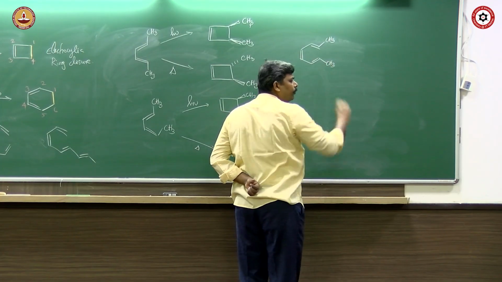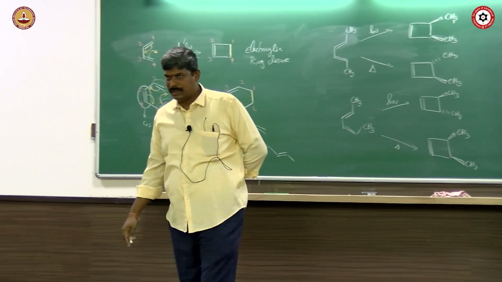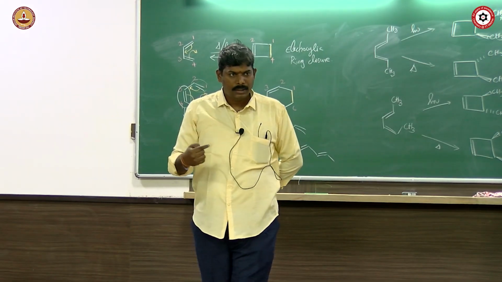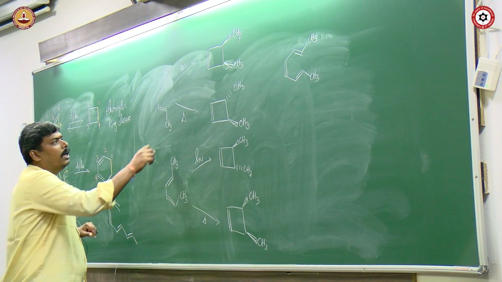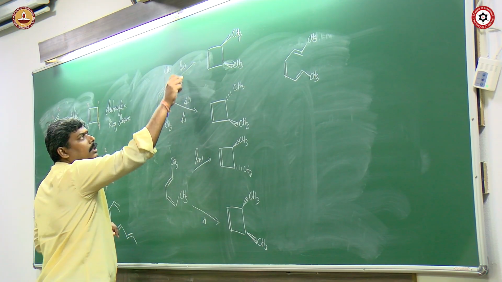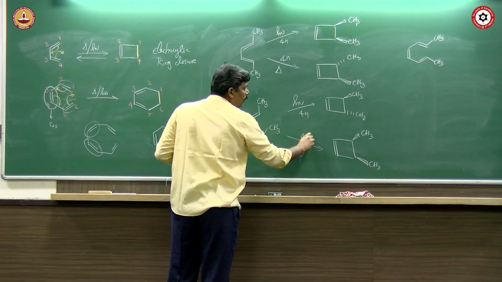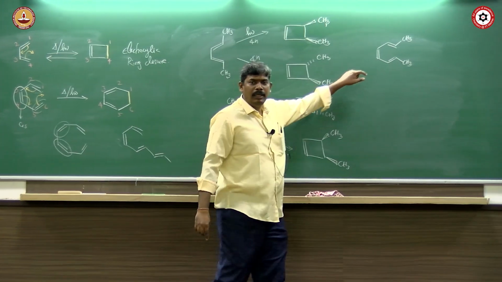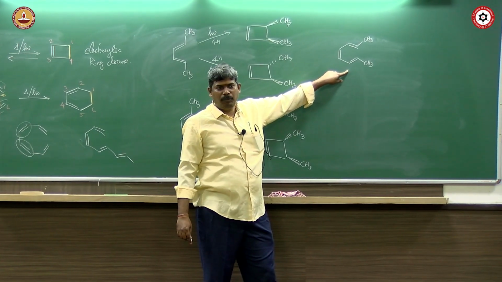The reacting terminal alkenes are trans in relation, both are trans. Now the number of electrons involved, here it was a 4n, rightly you said, right? In all these cases it's a 4n. But here there are 6 electrons. This will be classified as n and 4n plus 2.